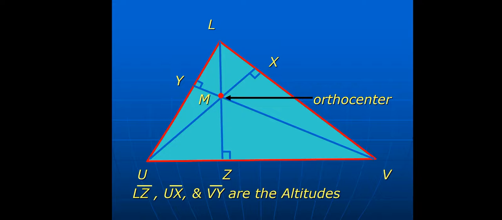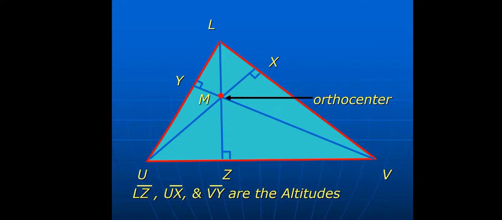Yan yung tandaan natin sa altitude: pag nakagawa tayo ng 90 degrees sa segment, it is altitude. Ganun din sa UX, nag-start tayo sa vertex U, diretso sa X, na nakagawa rin ng 90 degrees. At ganun din sa VY, nag-start sa vertex V hanggang Y, na nakagawa rin ng 90 degrees.